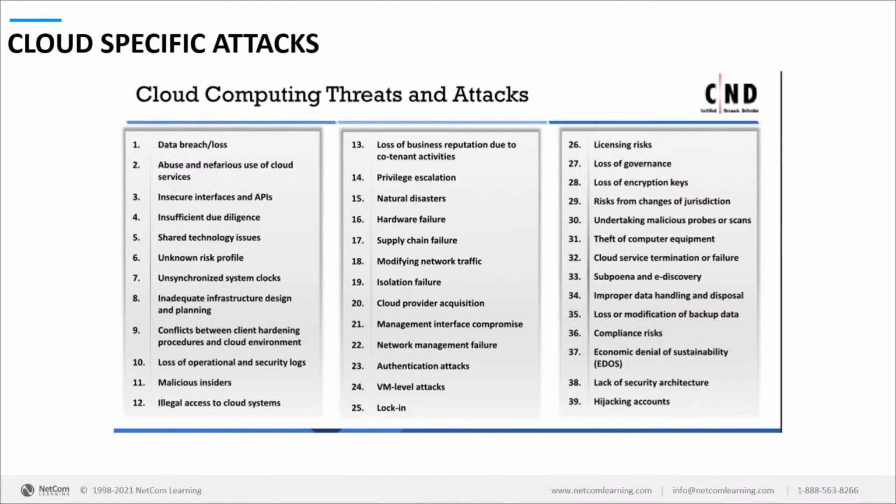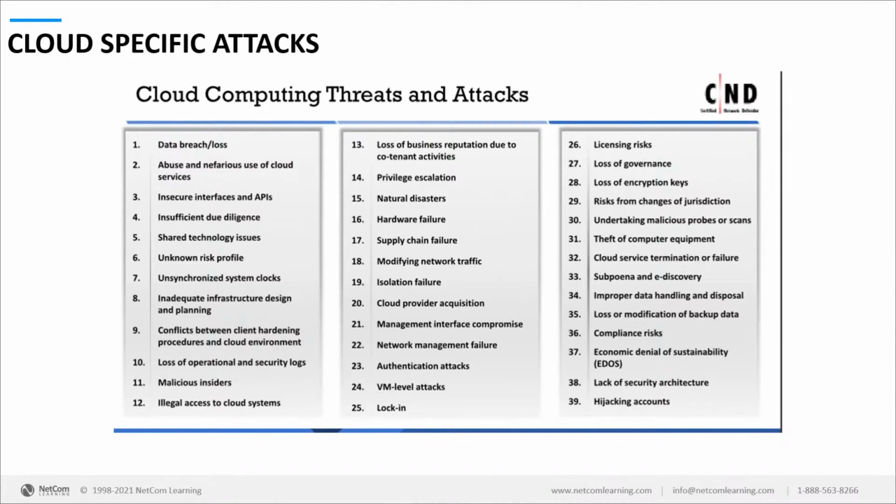Malicious insiders: somebody who has access to the account could then delete. Illegal access to cloud systems, one way or another. Loss of business reputation due to co-tenant activities. So this gets into an area of law. If somebody could get access to my machine or your machine, could they get access to my machine if we're co-tenants?